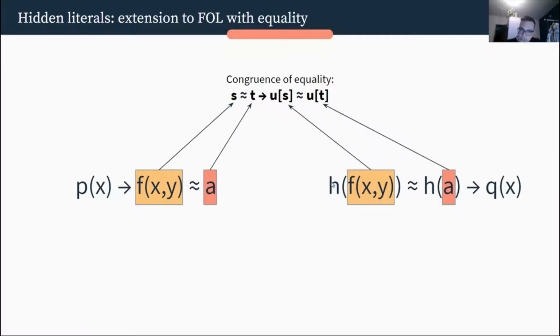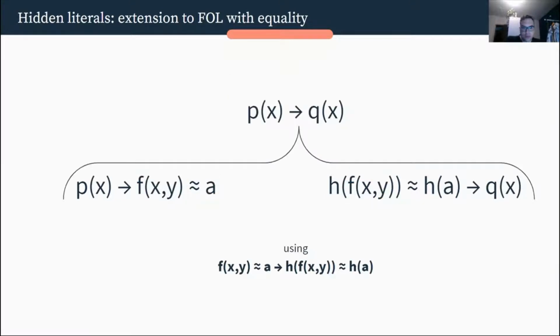This further means that using congruence of equality, I can create a chain from P of x to Q of x, even though the right-hand side of the first implication was not syntactically the same as the left-hand side of the second implication.